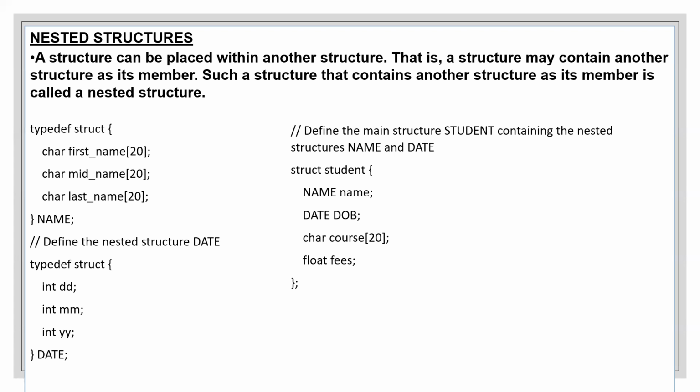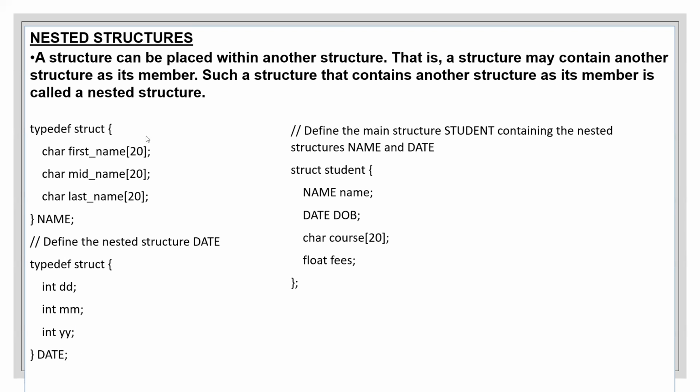Okay. So here we have an example for that. A simple example. The program defines the structure named student, which has members roll number, fees, and date of birth. So there are two nested structures here: one is name and the other is date.